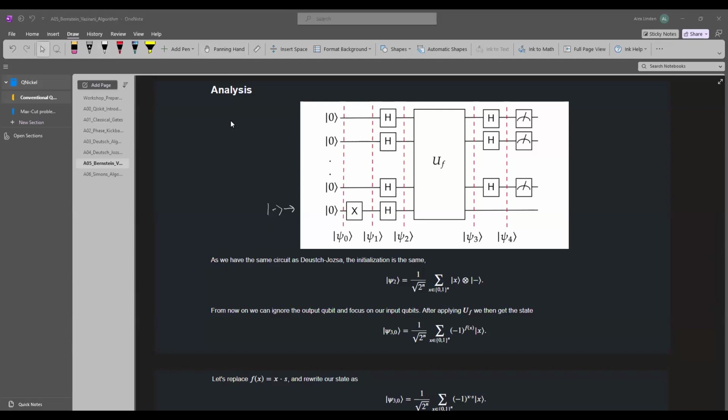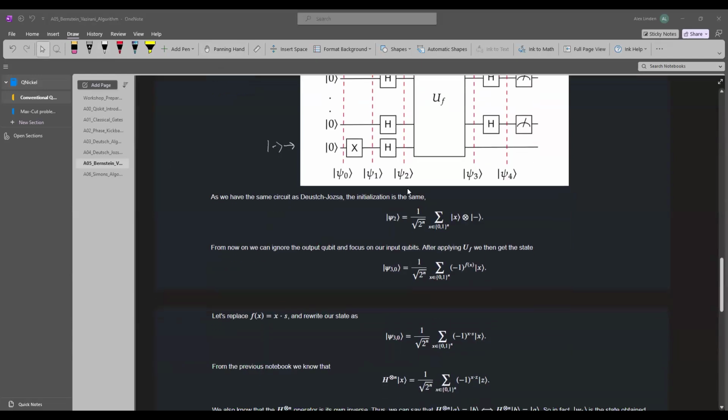Next, we can apply Uf, and we're also getting rid of the last qubit, we don't need it. We're getting a state where we will either see a minus before it or a plus, just if you remember the base states, for example, for 2.